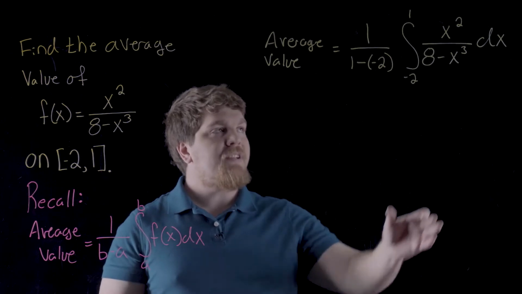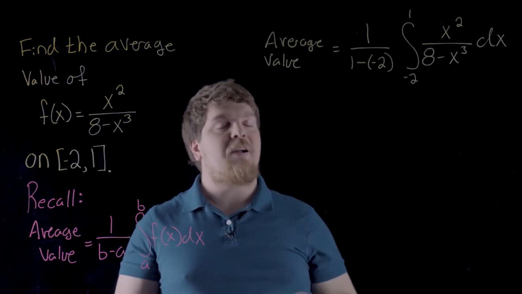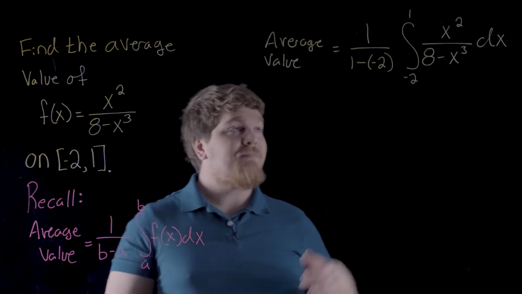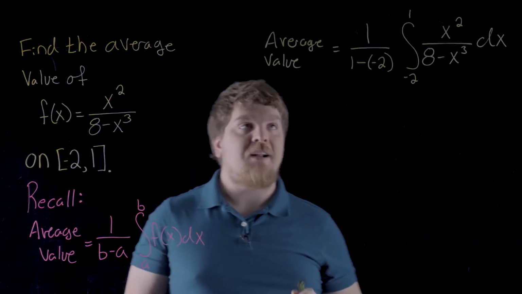From here, we can see that the antiderivative of x squared divided by 8 minus x cubed cannot be evaluated simply. So we're going to have to use a substitution in order to evaluate this definite integral.